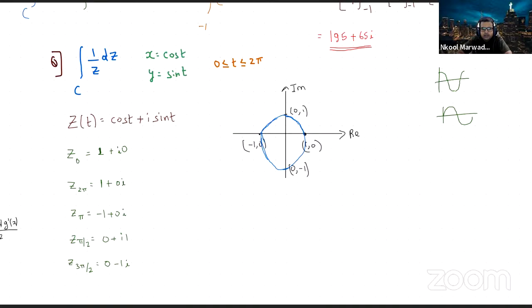So the integral over C of 1 by z dz will be equal to, we have to integrate it. So dz also we have to calculate.